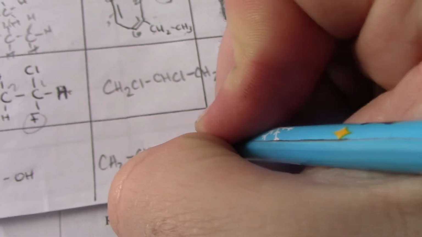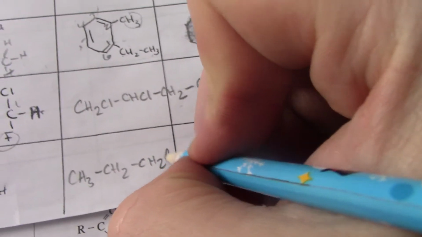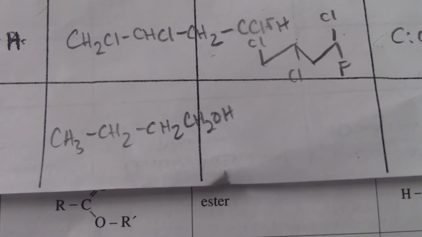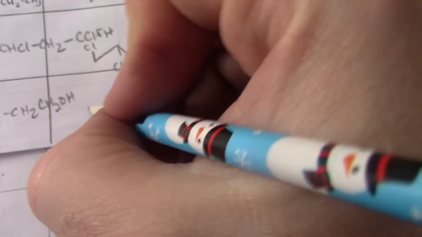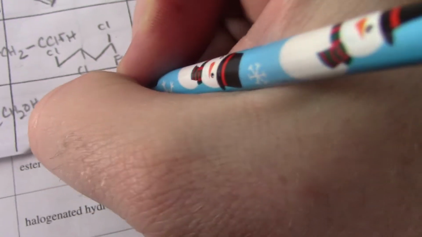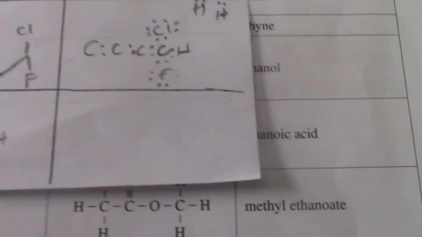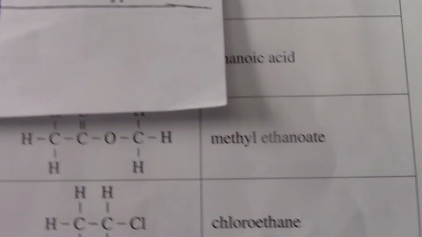So the condensed structural diagram would look like this: CH3, CH2, CH2, CH2OH. Okay, the line structural diagram looks like this, OH attached. All right. And then Lewis dot, I'm not going to fill that in. You guys can fill that in on your own. Follow the same structure as the other ones, though. Look at the Lewis dots and then make sure that the bonding structures are correct.